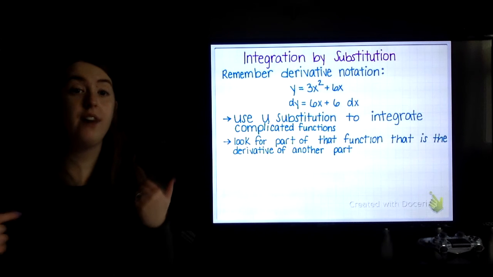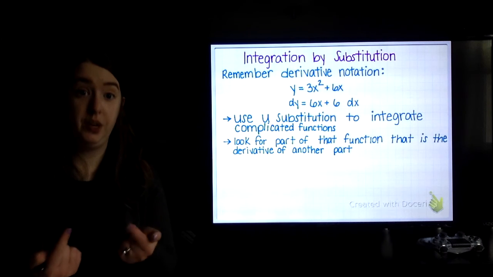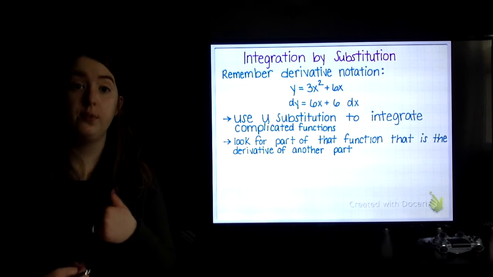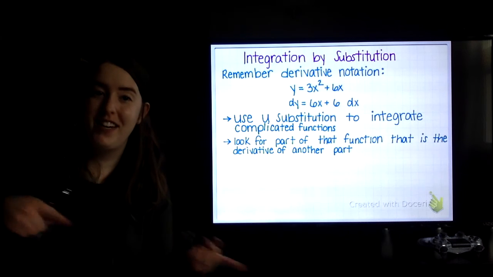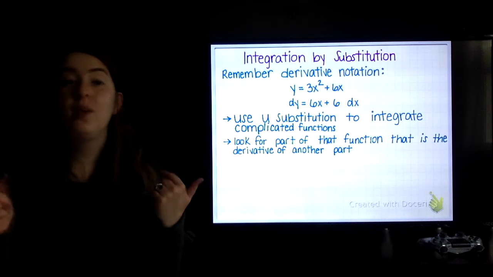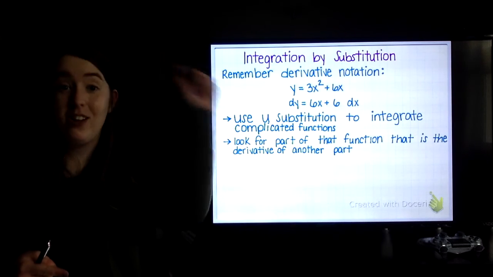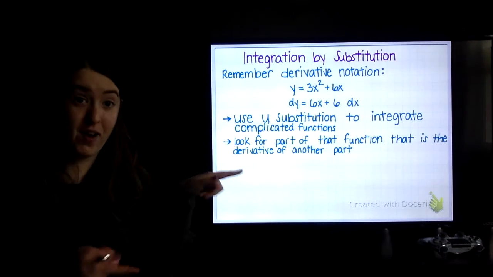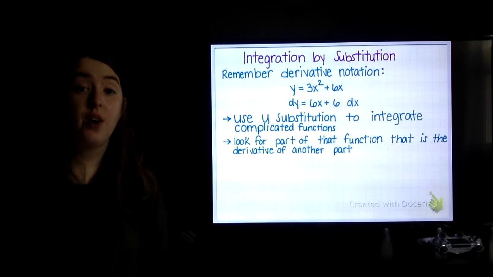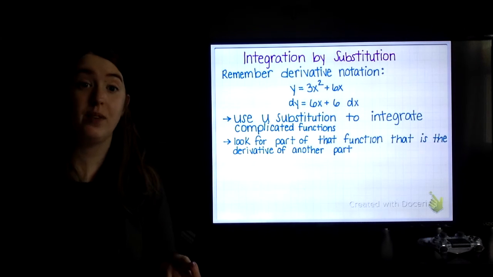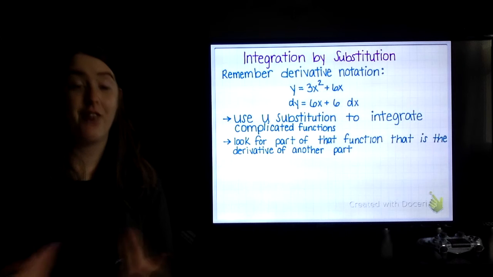We'll let one part equal u, take its derivative, and plug that back in. We want that derivative and something else in the function to cancel each other out. That's the goal.